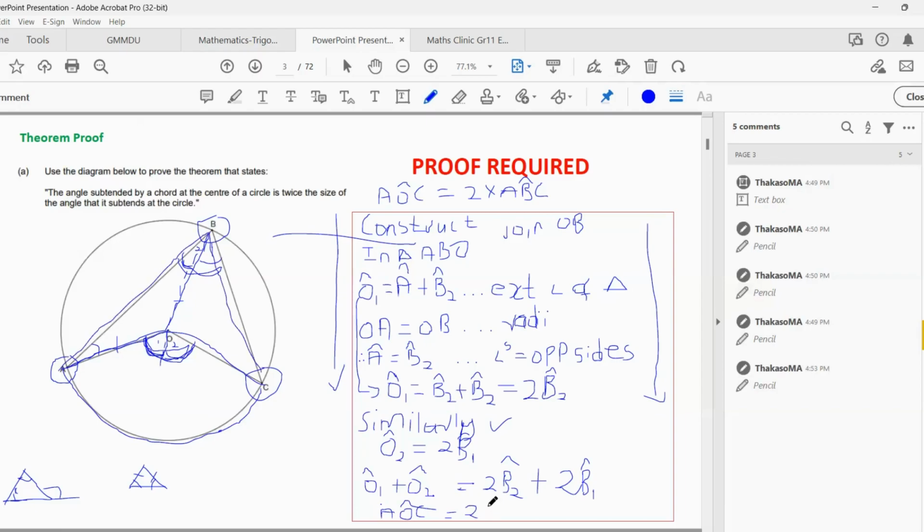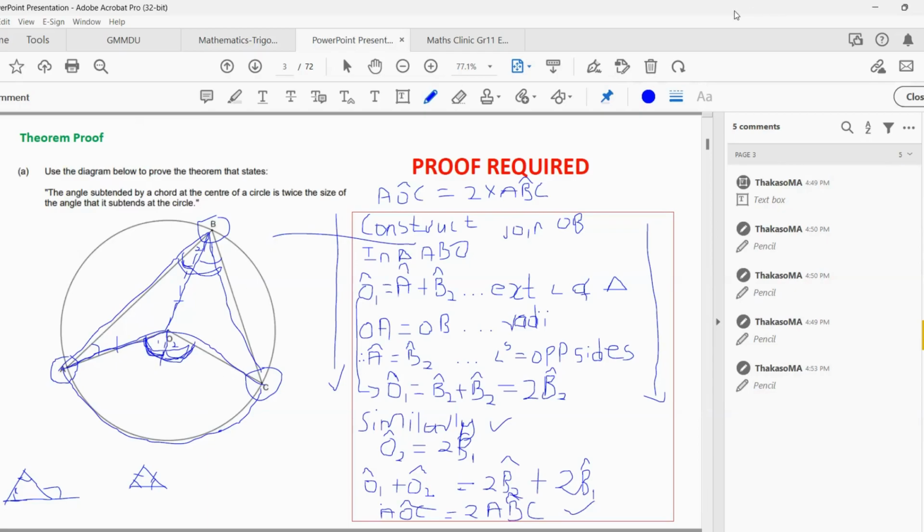So this is 2 times angle ABC. So we have proved that the angle at the center of the circle is twice the angle at the circumference of the circle. A very important theorem. We're going to use this theorem to prove others, and you will find it in many exercises of circle geometry.